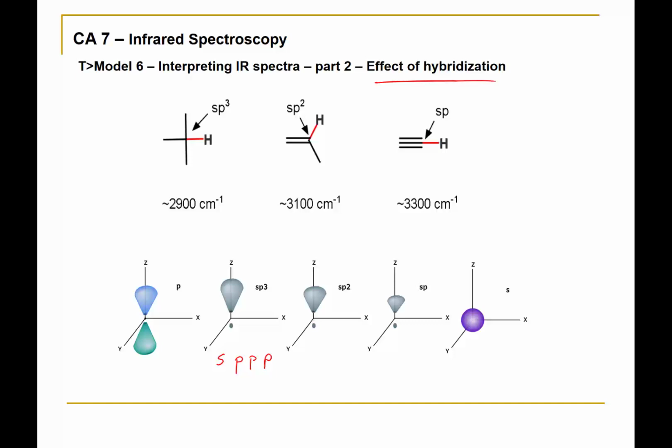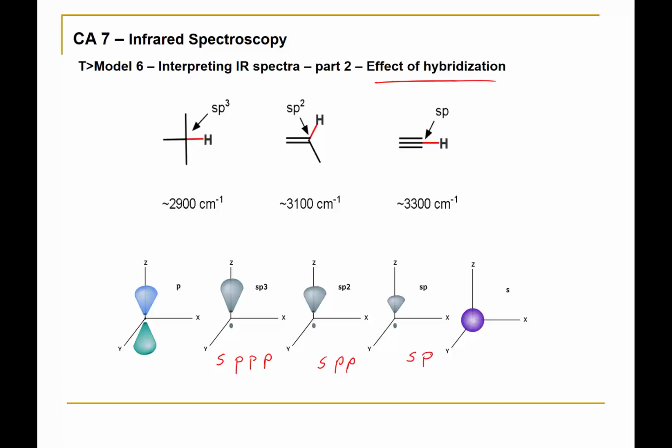Each sp3 hybrid orbital would have more p character compared to an sp hybrid orbital. This is because 3 p orbitals were used in combining to form that hybrid orbital. If we look at an sp2 hybrid orbital, recall that's 1 s and 2 p's, and an sp, recall that was the result of combining 1 s and 1 p.